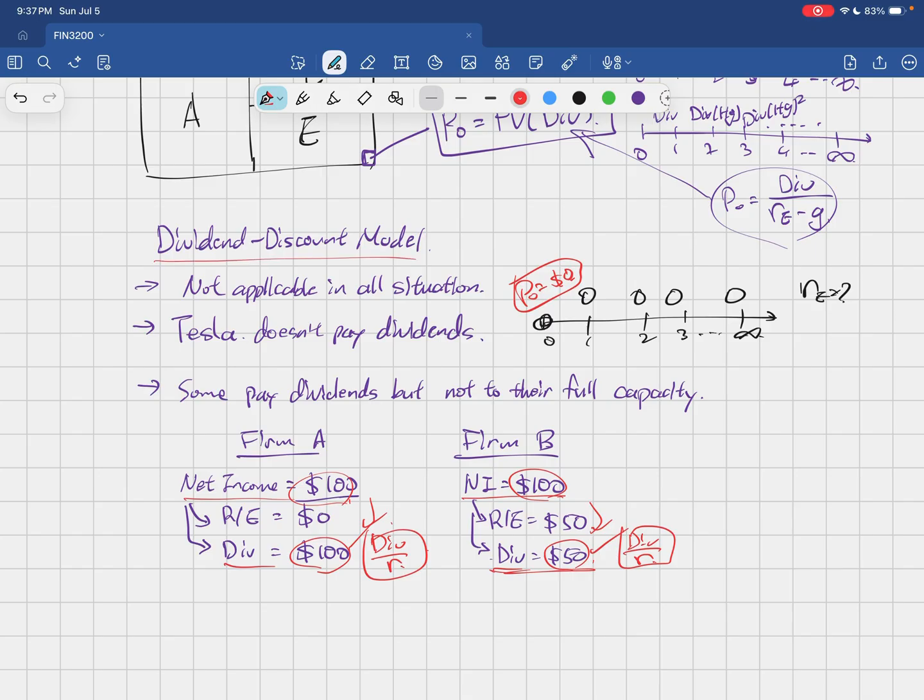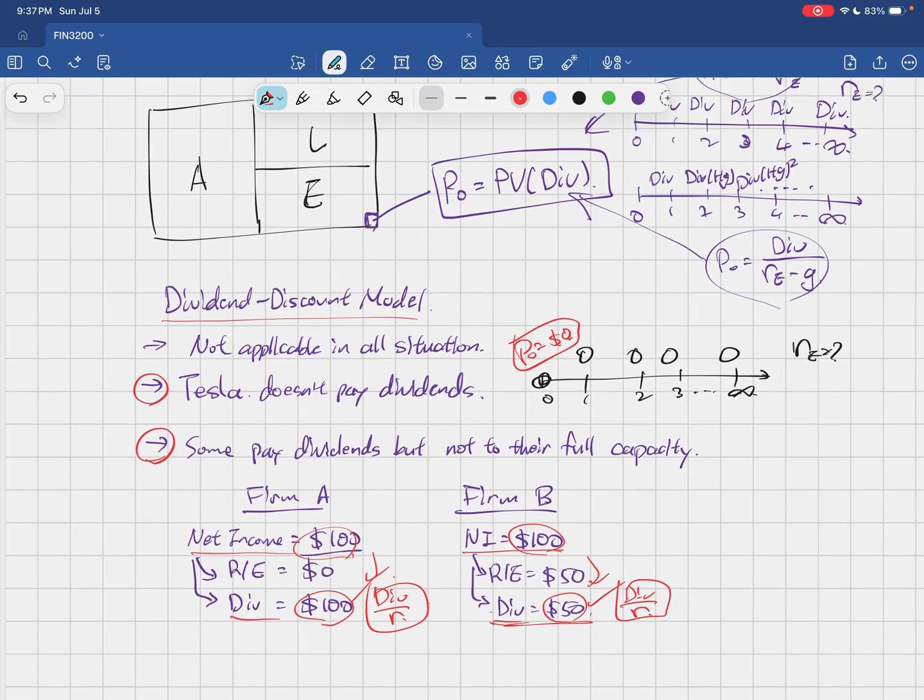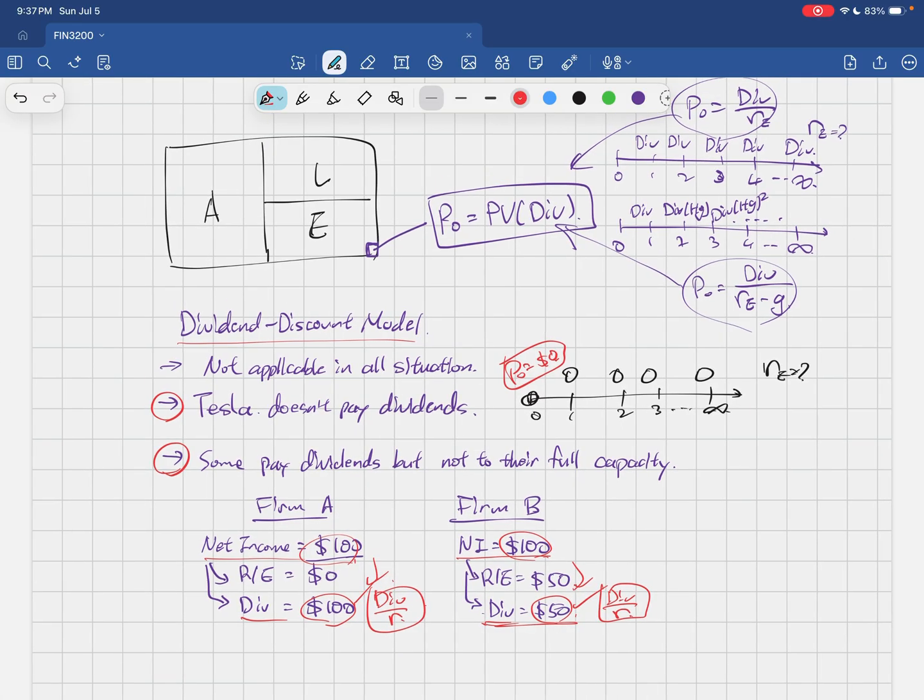So these are a couple examples where the dividend discount model is not applicable, meaning using it will give you misleading results. For these cases, we're going to use something called the discounted free cash flow model.